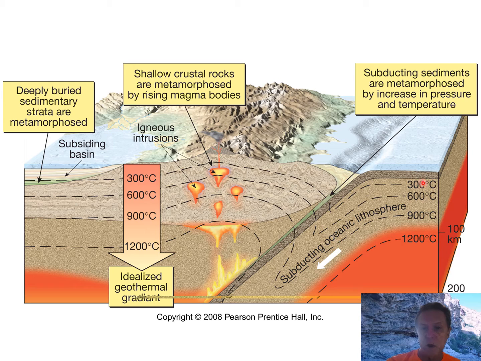You see this temperature gradient here ranging from 300 to 1200 degrees centigrade. Of course, down here it's molten rock. Up in through here between 300 to 800, it's still metamorphosed, it's not quite melted.